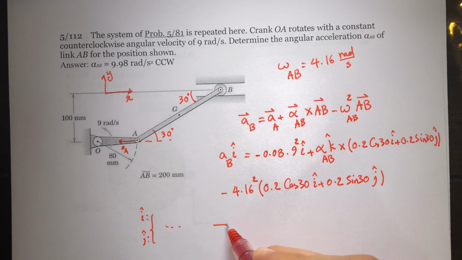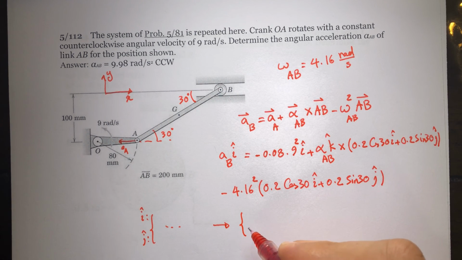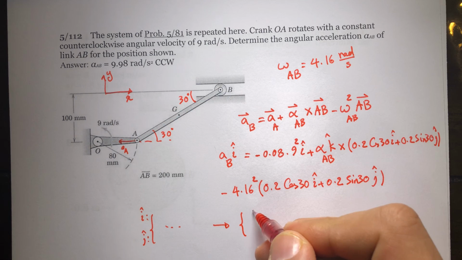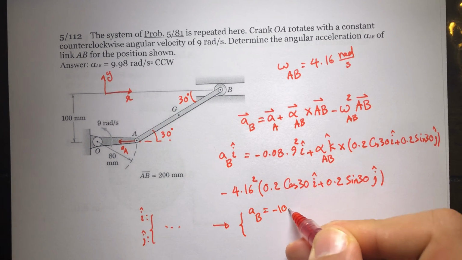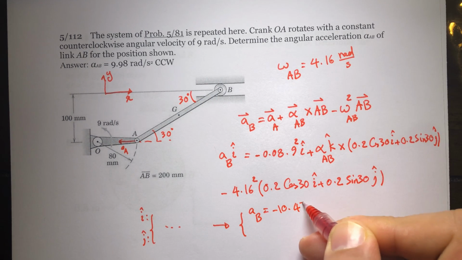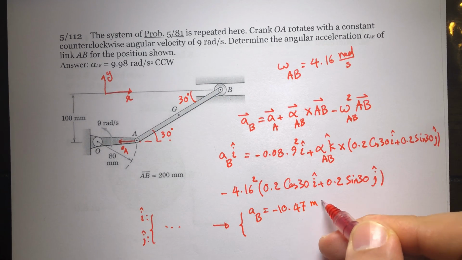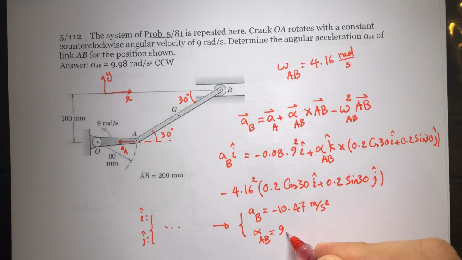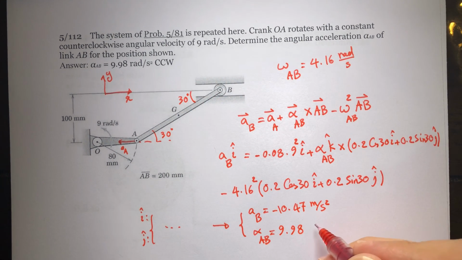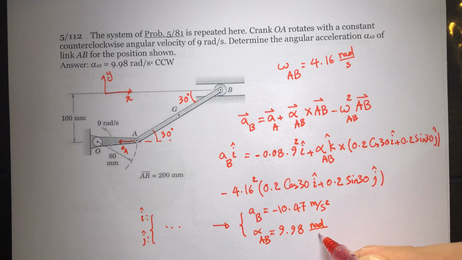Then after finding the unknowns, you need to check if this acceleration of B must be equal to negative 10.47 meter per second squared, and alpha of AB must be 9.98 radian per second squared. And because it turned out to be positive, it means it is counterclockwise.